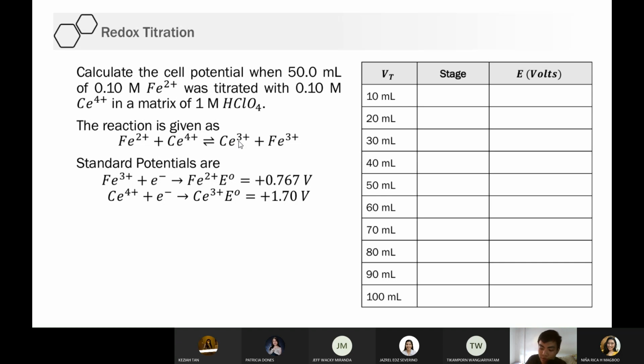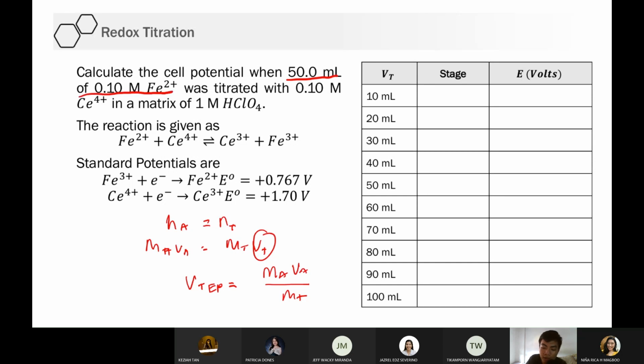Anyway, our coefficients are 1, so we assume the moles of analyte equal the moles of titrant. How do you solve for the moles? That's MAVA equals MTVT. Since we are solving for the volume of titrant at equivalence point, or VTEP, that can be calculated as MAVA over MT. What is the analyte here? As a rule of thumb, the first species stated is the analyte, and the last thing mentioned is the titrant.